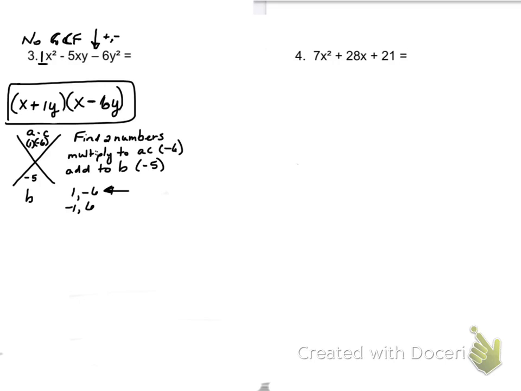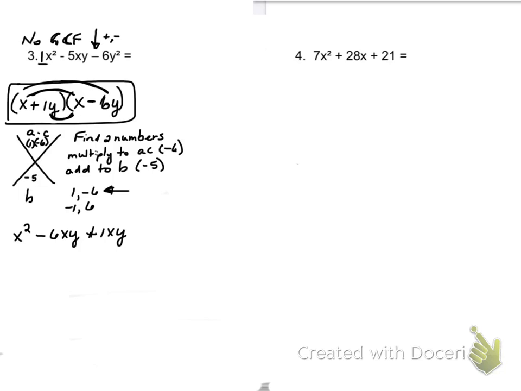The first terms are x times x, so that's x squared. Then the outside terms are the x and the 6y, so that's minus 6xy. Then the inside terms here are x times 1y, so that's plus 1xy, and it doesn't matter whether I put xy or yx.